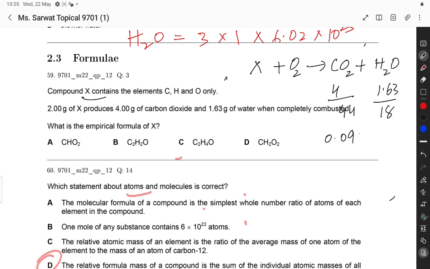This is 0.090 and this is equal to 0.0906, and by subtracting, 4 divided by 44 is equal to 0.0909, and 0.0909 plus 0.0906 is equal to 0.18 minus 2. This is equal to 1.8.